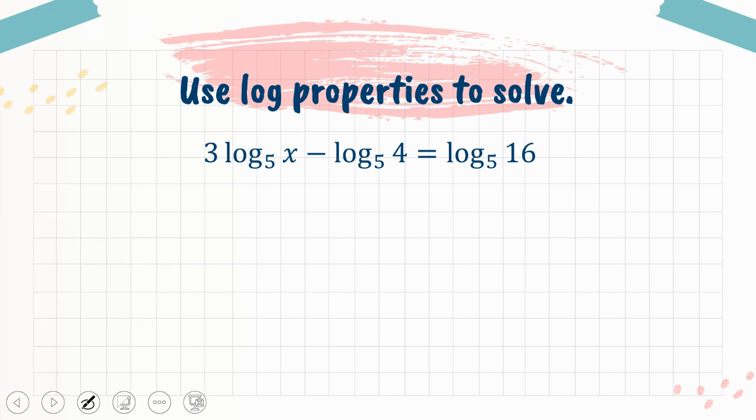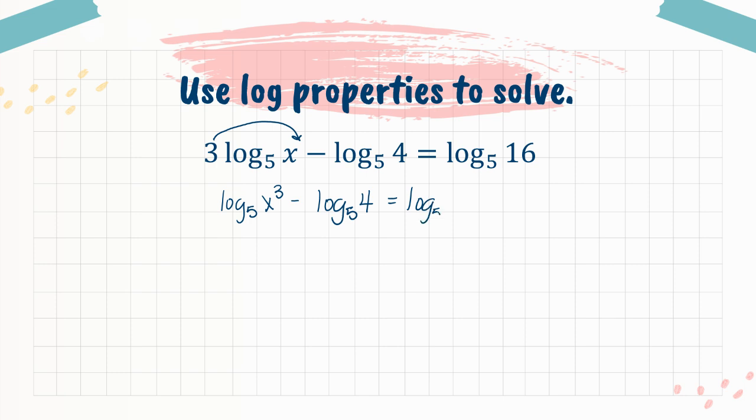So what I want to do here is to condense on the left side so that I get it down to one log. I'm going to start with my rule that tells me that a multiplier becomes an exponent of what's behind. And I'm going to rewrite this as log 5 of x to the third minus log 5 of 4 is equal to log 5 of 16. I've condensed a little bit, not completely, but I have simplified.